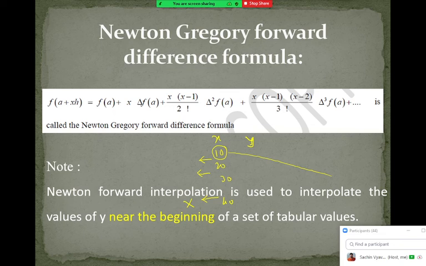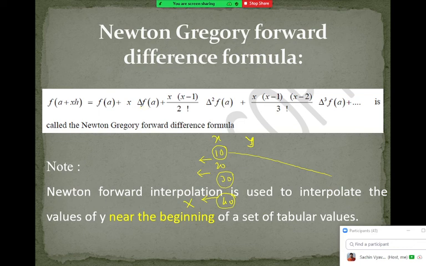That means if the number of terms is more in the formula, the accuracy will be more. But for the last value, there is no forward difference. If it is 30, probably only one forward difference exists, so you will get only f of 30 and delta f of 30.